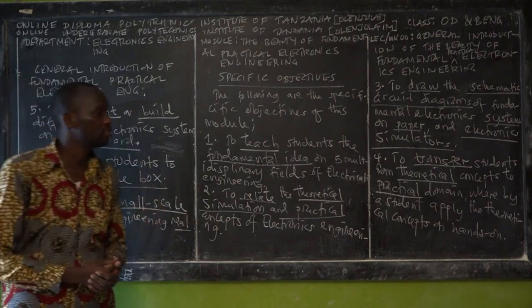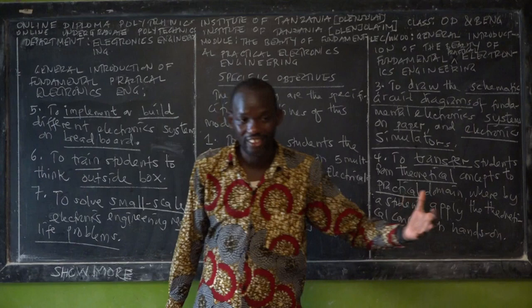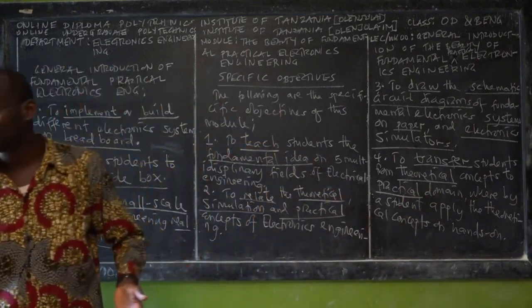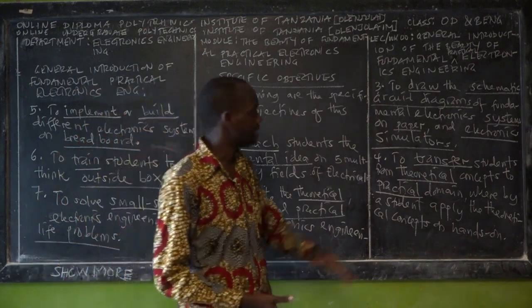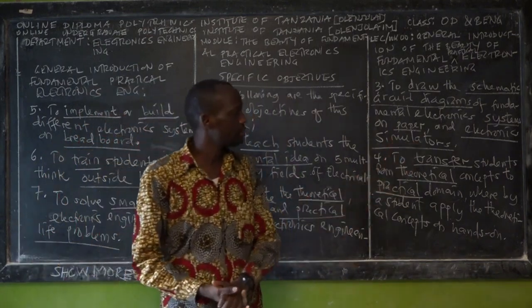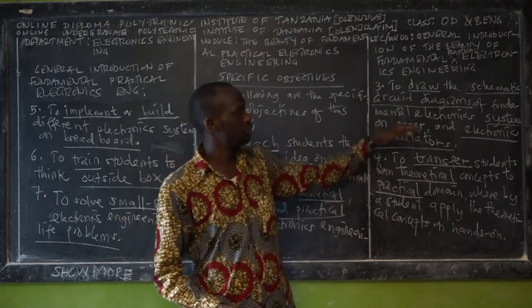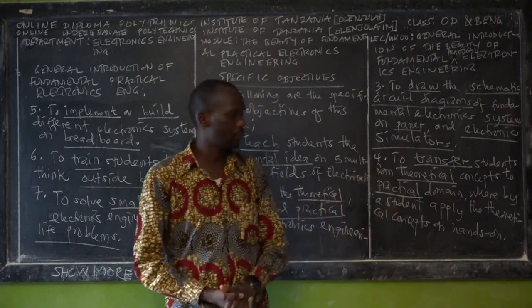Thank you. Mr. Isaiah asked the question that according to the third specific objective, you will teach us only to draw the schematic diagrams. How about testing and troubleshooting those schematic diagrams? In this third specific objective, here I will teach you how to draw, but in the fourth I will teach you to transfer your theoretical concept to the practical domain.